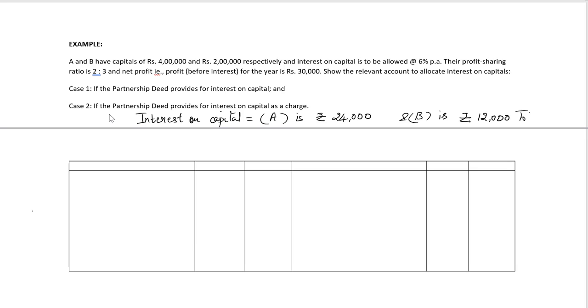The total IOC is equal to rupees 36,000. Let's go to case 1.